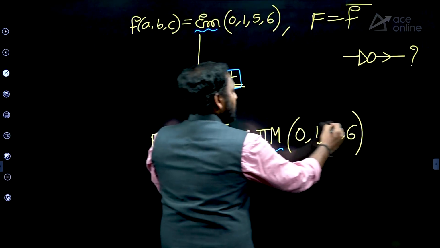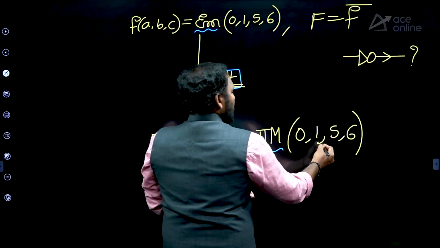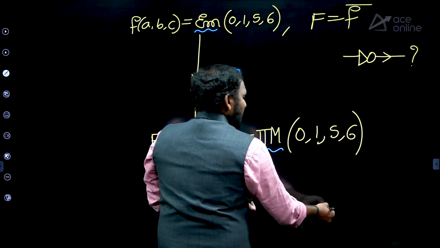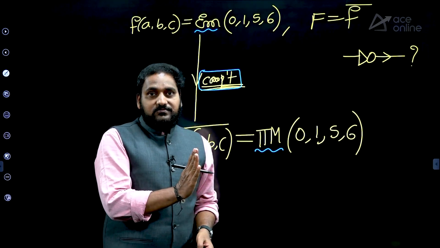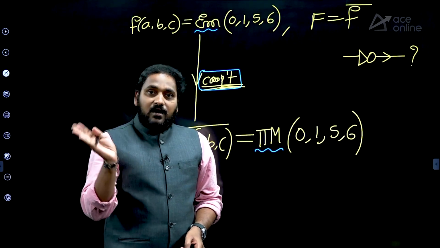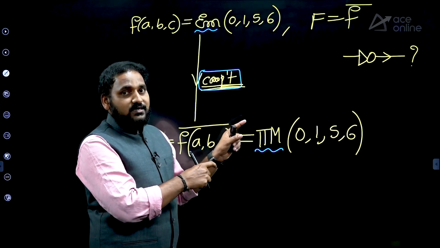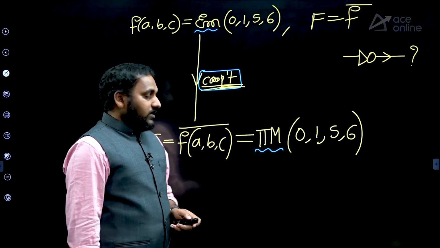This is a complement result, okay? It is in POS form, pi m of something. If you want to get it in SOP form, then you write sigma m of the missing numbers. That's the order we have discussed. Whatever may be the order available in the material or textbook, this is the order generally I use in class. So, the same order I am giving, okay?